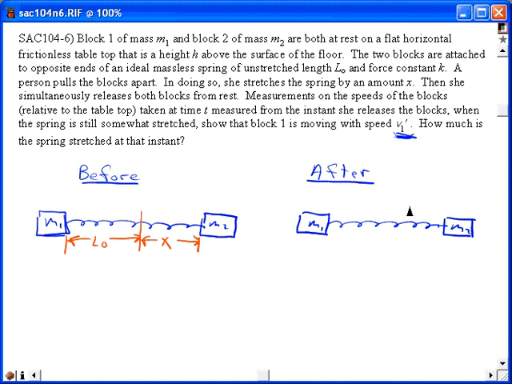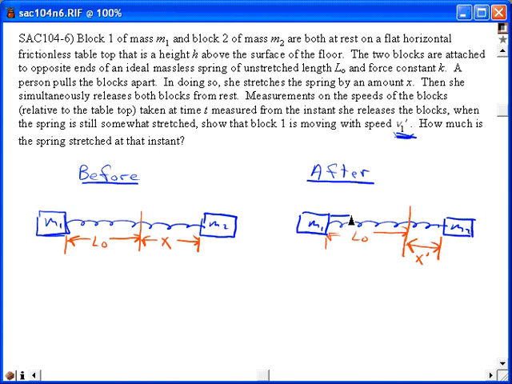This looks like the same distance that I drew in the last diagram, how long it would be if it wasn't stretched at all. And now it's stretched less than it was before, a distance that I'll call x prime.